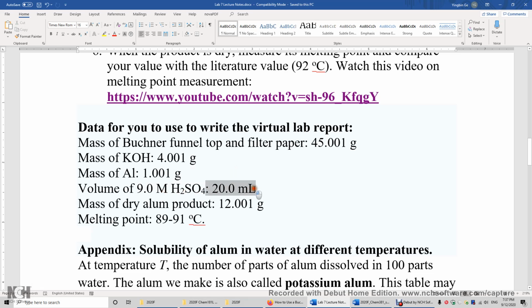So you can convert this to liters first, and then multiply that by 9.0 mole per liter to get the number of moles of sulfuric acid. And also, let's assume the mass of the final dry product is 12.001 grams. The melting point of your product is 89 to 91 degrees Celsius. So this data will be used by you to write the lab report.